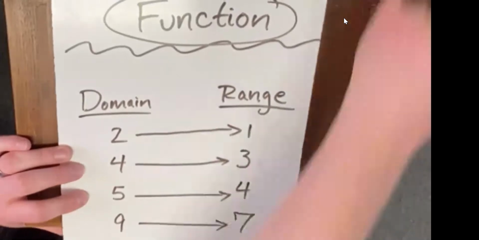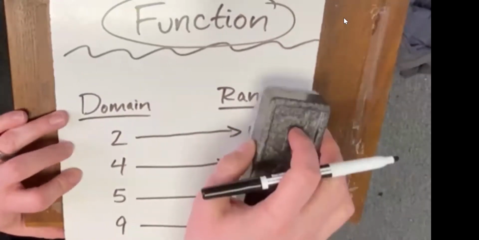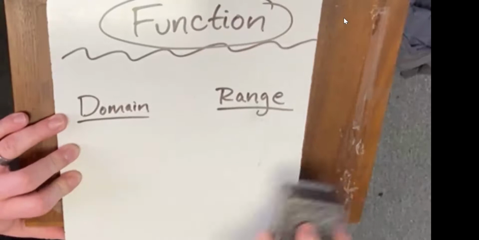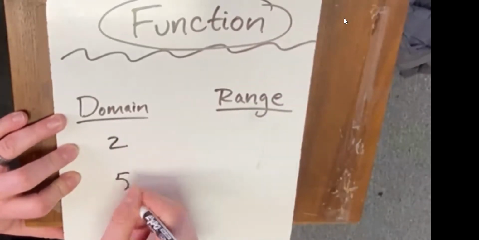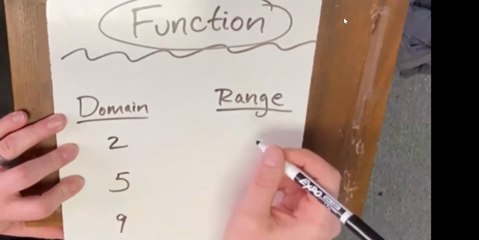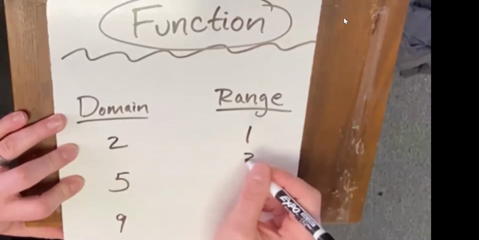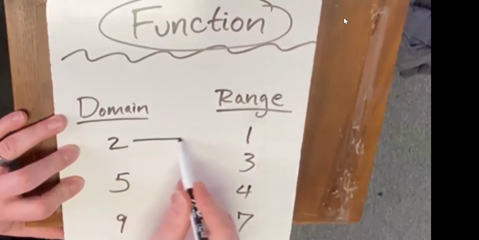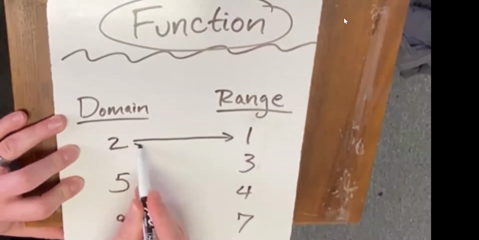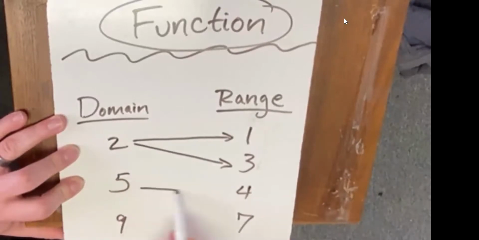It would be considered not a function in a case like this. If I have 2, 5, 9, and for my range I have 1, 3, 4, 7, then for the number 2, the range is 1 and the range is 3. And then 5 matches with 4, 9 matches with 7.